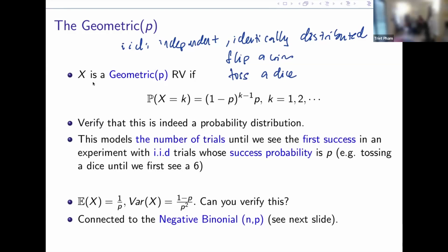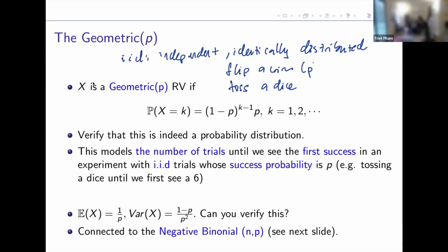So for example, in terms of a coin flip, the picture is simple. You flip a coin with probability p of getting a head. Then you look at how long until you see the first head. So the sequence is something like tail, tail, tail, tail, and then head.